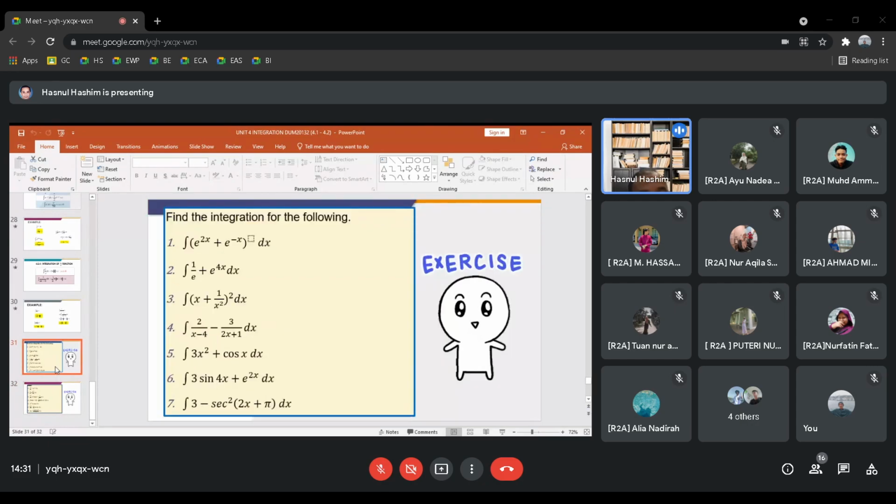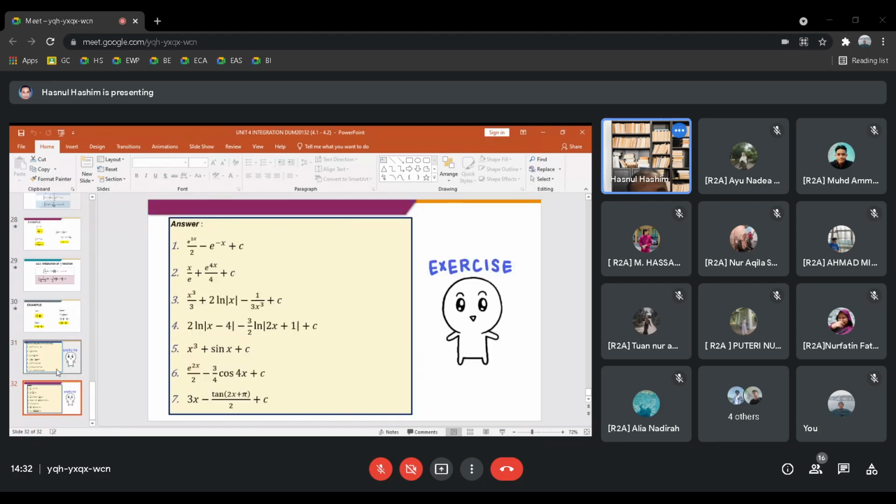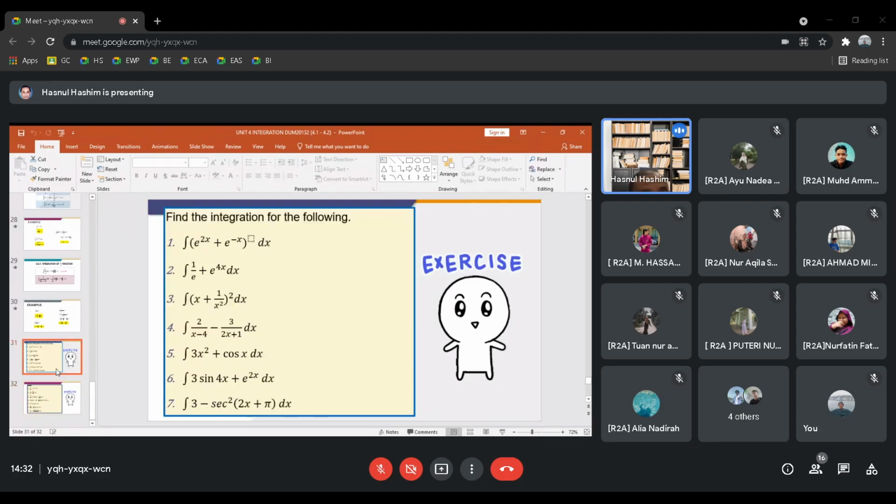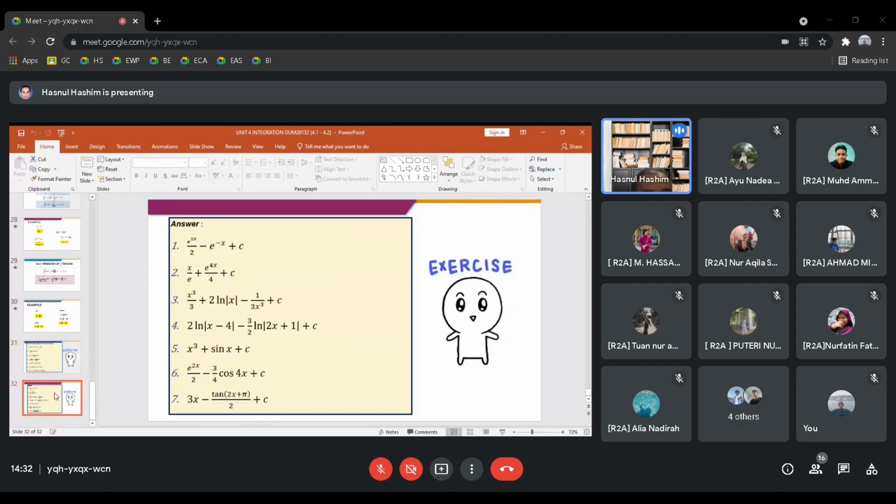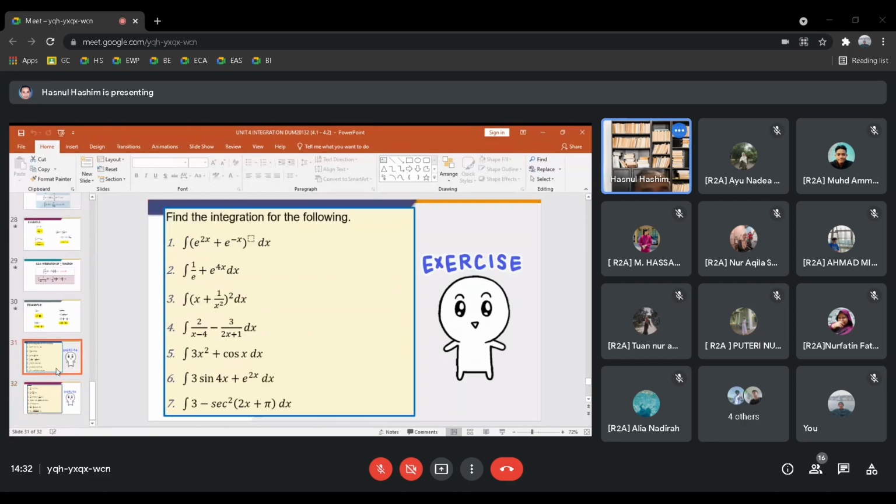We try, and then we can discuss. Do the exercise, and then we know whether your answer is correct or not. So can you find questions 1 to 7? There is an answer. If you have any answer that is different from the answer given, please tell us, then we can discuss it and know what the right answer is.